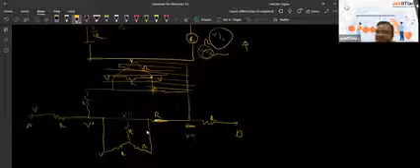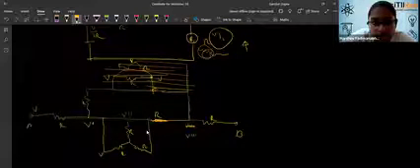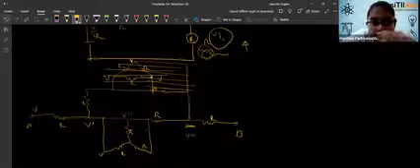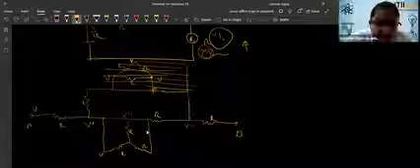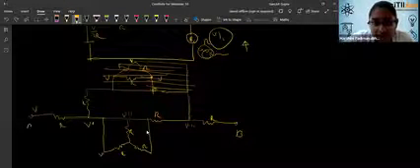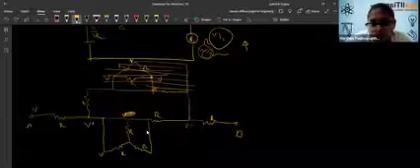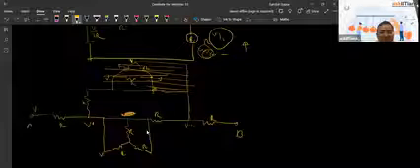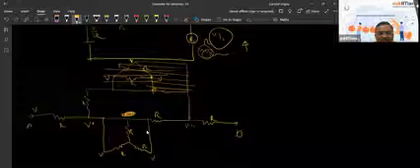Since there's no resistance in between, it should be V dash itself. Okay. So this is V dash, this is V dash, and this is again V dash.